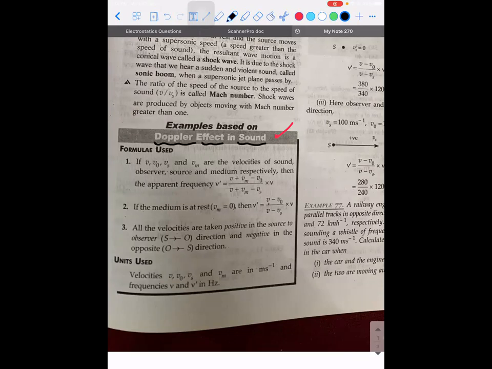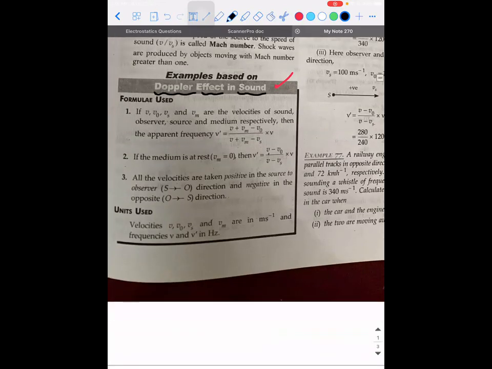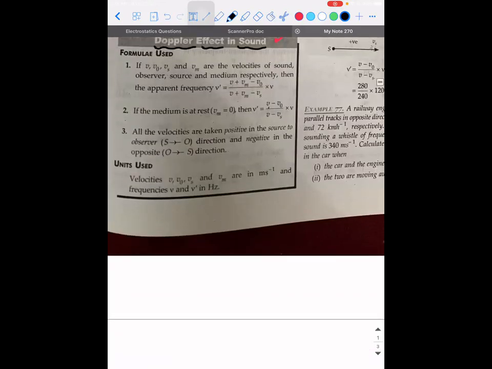So it's very simple. If there are two objects which have a relative motion between them, what are the two objects? One is called the observer and the other the source. If the observer and the source have relative motion, consider four velocities: v, v naught, vs, and vm.